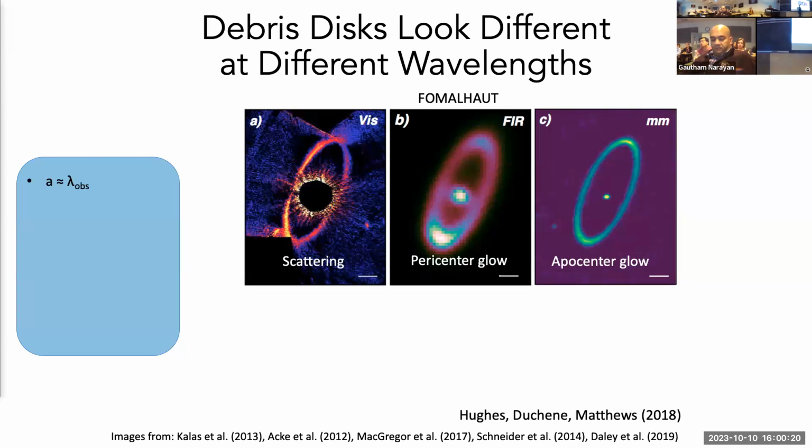But at millimeter wavelengths, we're getting something called apocenter glow out here. And that's because this is all thermal emission and it's optically thin. I mean, it's optically thin at all wavelengths here, like I told you already, but it's basically tracing the density of dust as you go around. And the idea behind apocenter glow is that on elliptical orbits, y'all know about Kepler's laws, particles spend most of their time far away from the star.